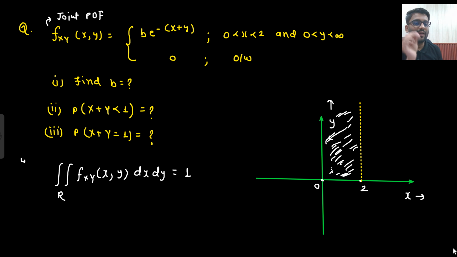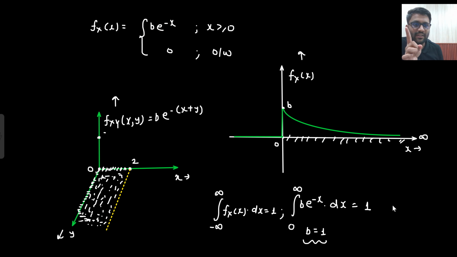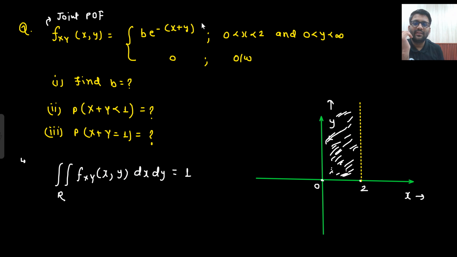Just compare it with one-dimensional random variable. In one-dimensional random variable, we used to make x versus fx of x. But drawing this particular diagram will be difficult. So in two-dimensional random variable, we will only care about x and y, and we will just see the surface. Okay, this is the surface. So in this particular surface, my surface integration should give the value equal to 1.